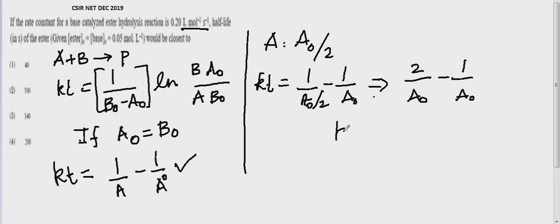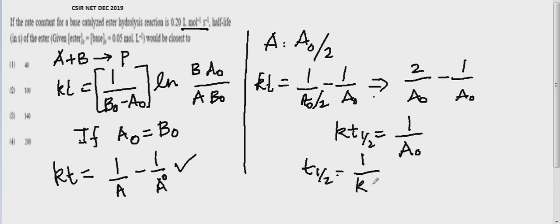So therefore, at t half, kt half is equal to 1 by A naught. Therefore t half is equal to 1 by k A naught. We know the rate constant and we know the initial concentration.